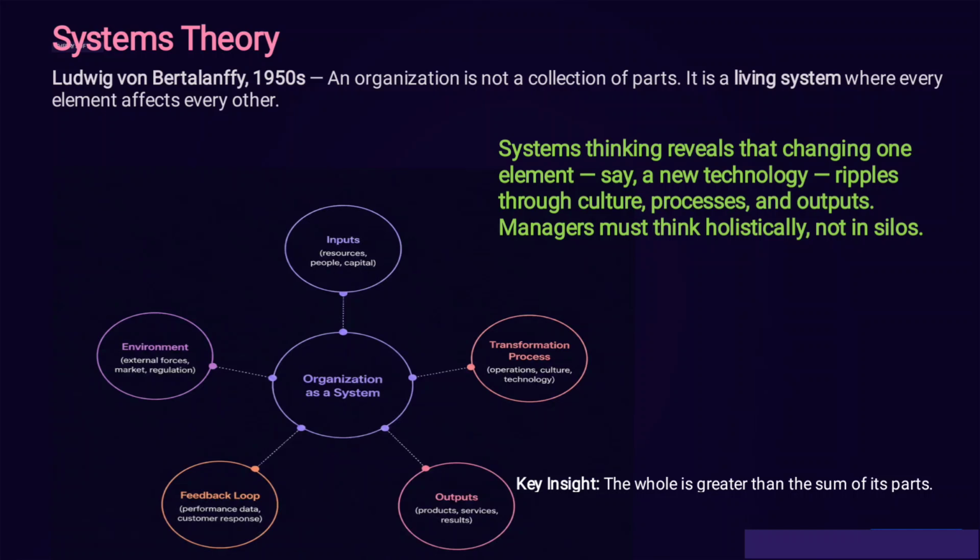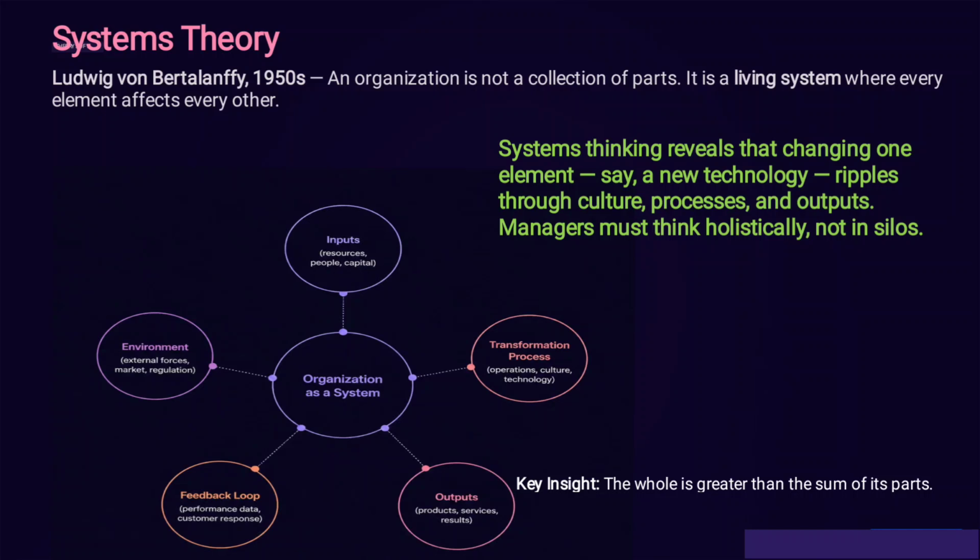An organization is not a collection of parts, it is a living system where every element affects every other. According to Ludwig, systems thinking reveals that changing one element, say a new technology, ripples through culture, process, and outputs.